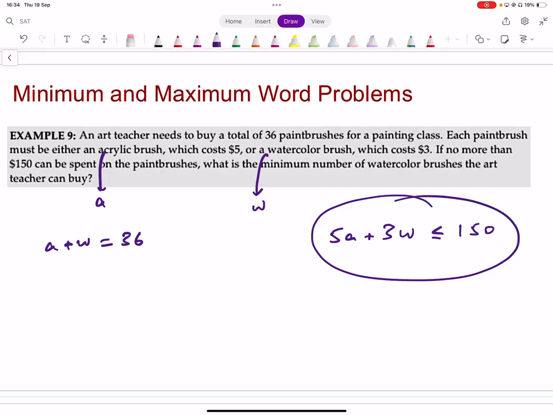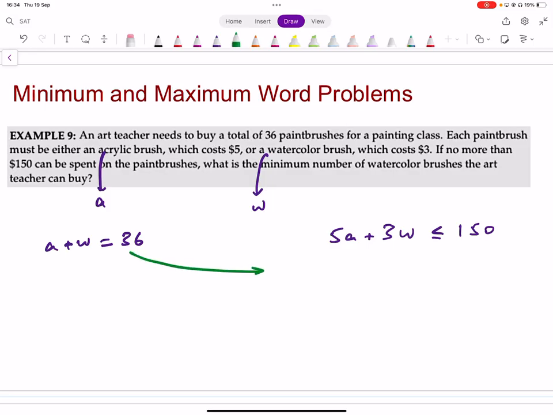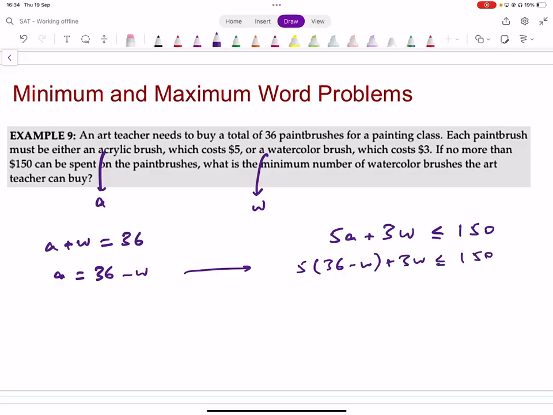Can we convert this inequality to a form that only has W in it? We can input this there, right? So we can say A equal to 36 minus W. Put this there and you get 5 into 36 minus W plus 3W less than or equal to 150.